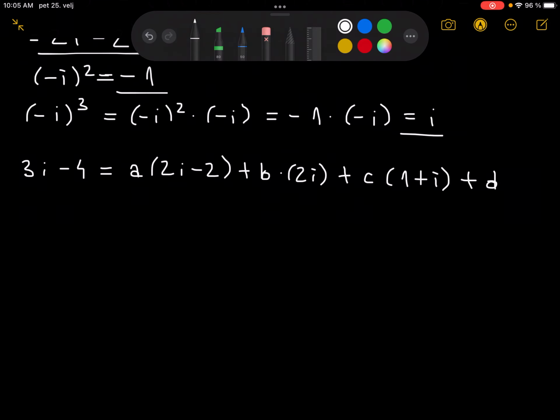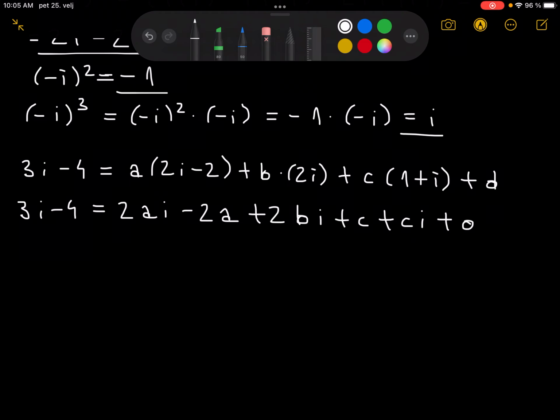Okay? Now, of course, we can rewrite this as 3i minus 4 is equal to 2a times i minus 2a plus 2bi plus c plus ci plus d.